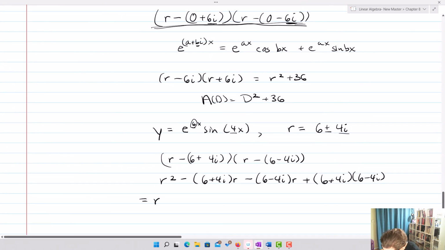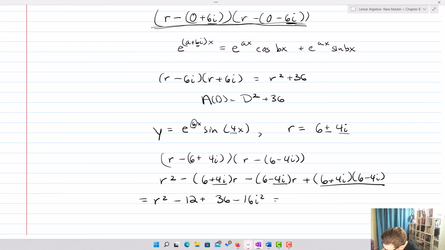This ends up equaling r squared. This is going to be minus 6r, but then I'm going to have a minus 4i and a plus 4i, so they're going to go away. So this is going to end up being minus 12r plus 36 minus 16i squared, because that's a difference of squares right there.